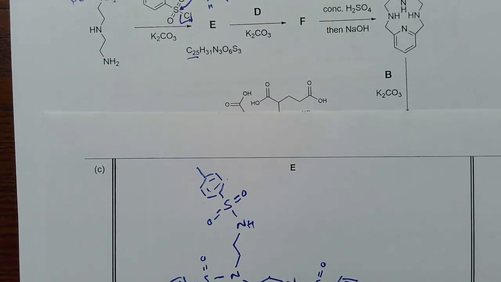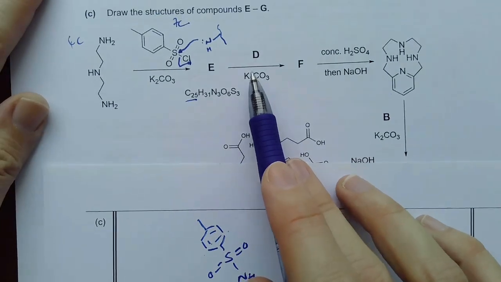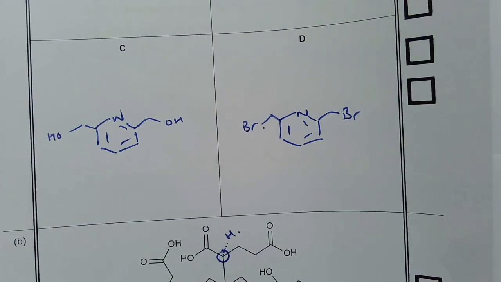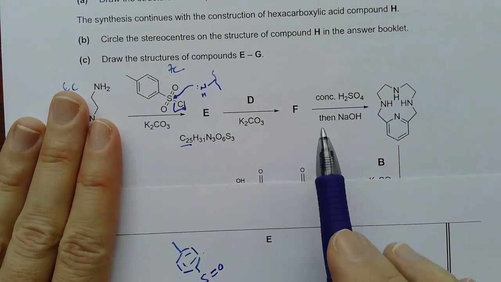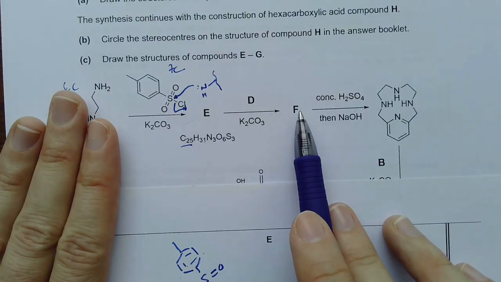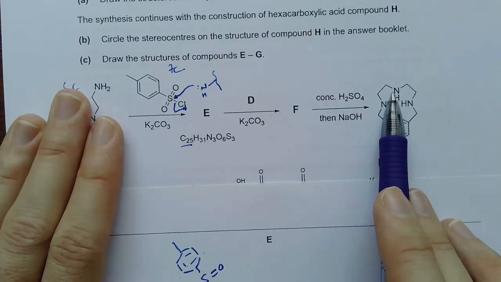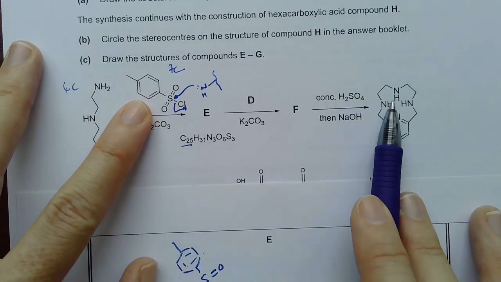Then we bring in D, which remember I said was this thing here. Okay, and we have to look a little bit ahead here. So we're going to make F, that's what we want. Now the difference is that all of these tosyl groups, all these sulfurs with the benzene rings on, they've all gone.